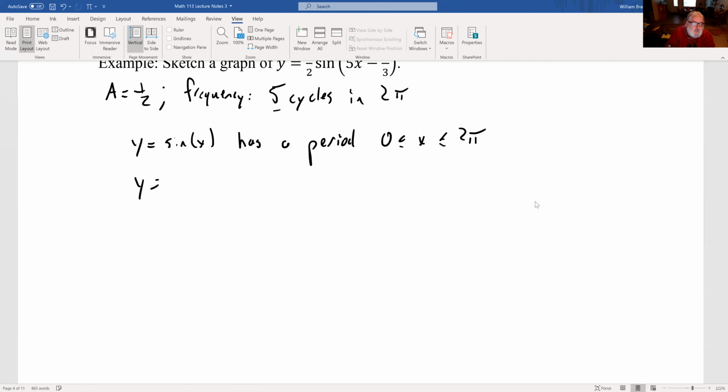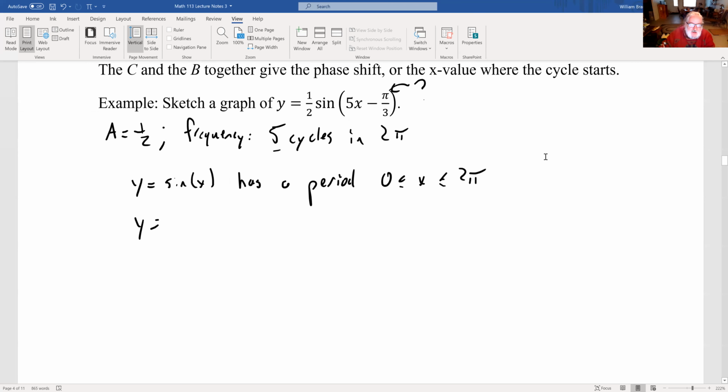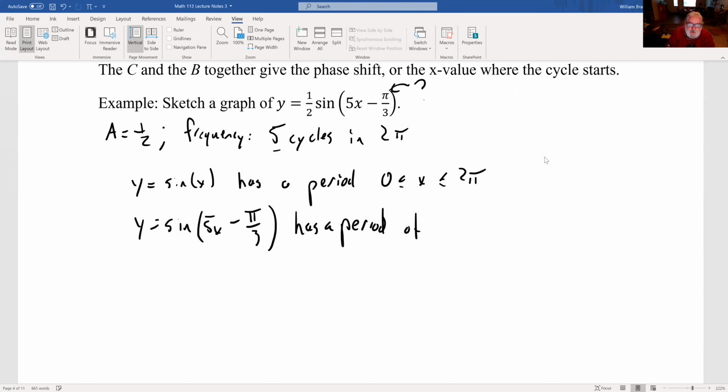So y equals sine of 5x minus pi over 3 has a period of 0 less than or equal to 5x minus pi over 3 less than or equal to 2 pi. That's supposed to be an x there.